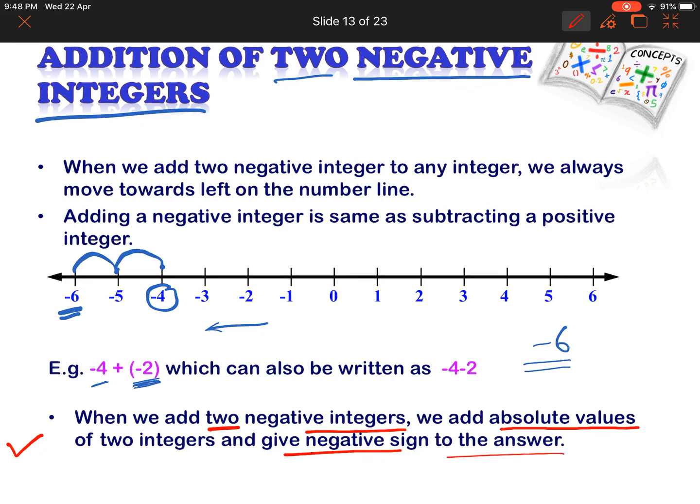So in this example also, if we want to follow the generic rule, the absolute value of -4 is 4, the absolute value of -2 is 2, we add these two and give it a negative sign. So the answer would be -6. Okay, then let's solve a few examples for this as well.